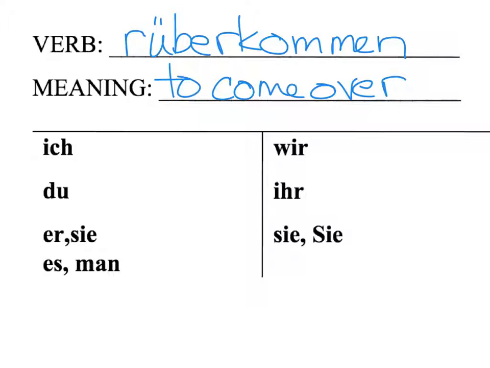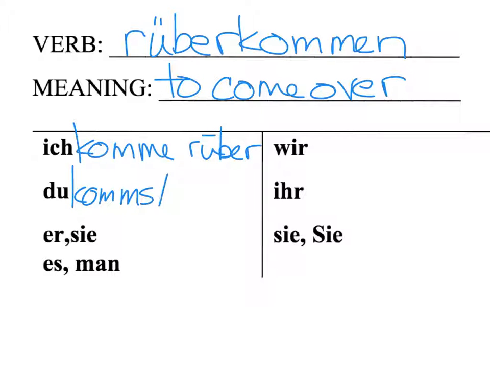So ich is going to be what? Komme rüber. Du? Kommst rüber. Er, sie, es, man? Kommt rüber.